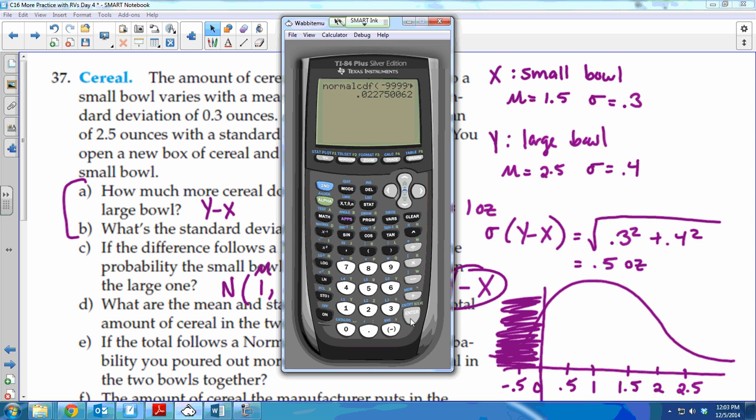Negative 0.47. Did you type it in wrong? Are you using CDF? Yeah. Did you do negative infinity to 0? CDF, negative infinity to 0, mean is 1, standard deviation is 0.5.